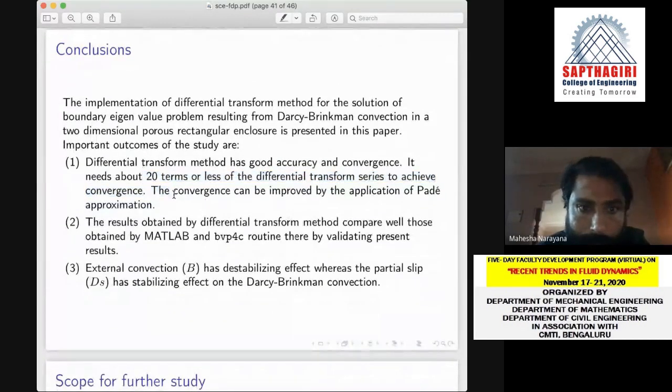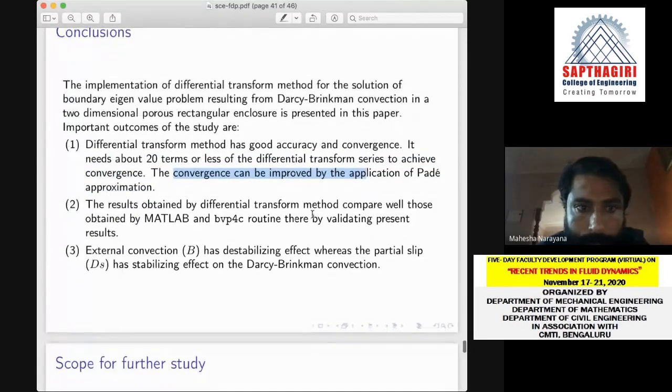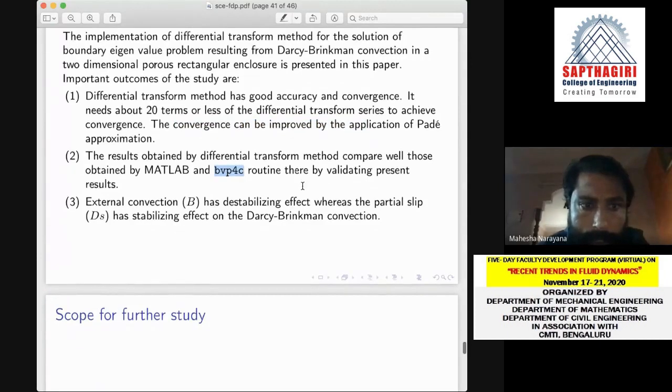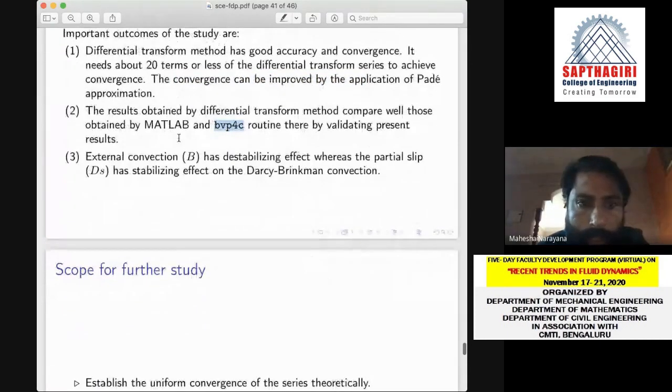And you can further improve the convergence using Padé approximation, and the results are concurring with the BVP4C routine results, validating the present one. External convection has a destabilizing effect, and partial slip has a stabilizing effect. These are important from the fluid mechanics point of view.